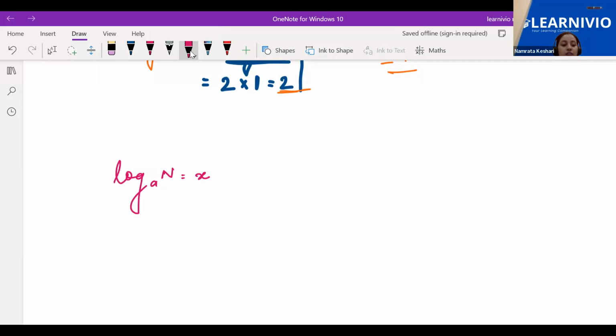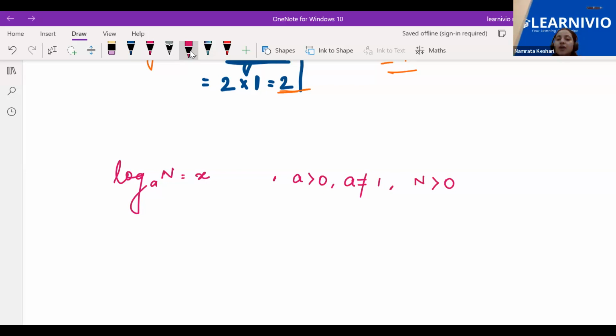Whenever we have a logarithmic function defined like this, the base a should be bigger than 0, meaning any number bigger than 0, but we will not take the base as 1. And apart from that, n is the input that matters, so n must be bigger than 0.